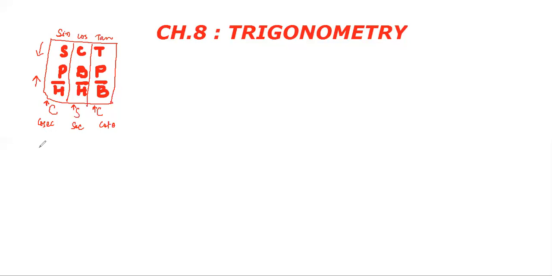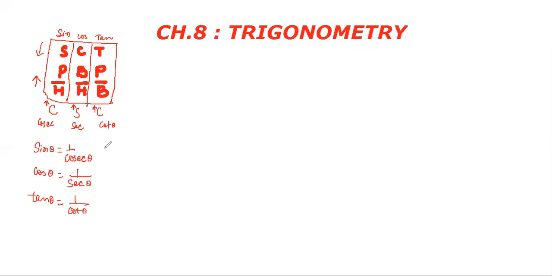And clearly you are able to see from here that sine theta is the reciprocal of cosec theta. Cos theta is the reciprocal of sec theta. And tan theta is the reciprocal of cot theta.